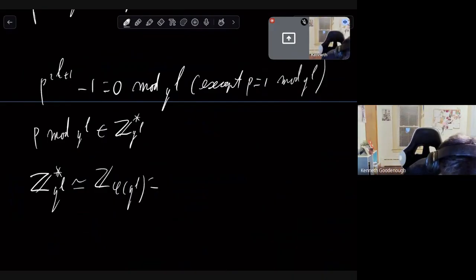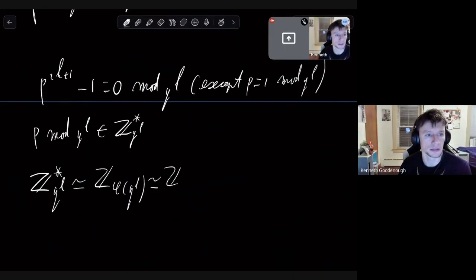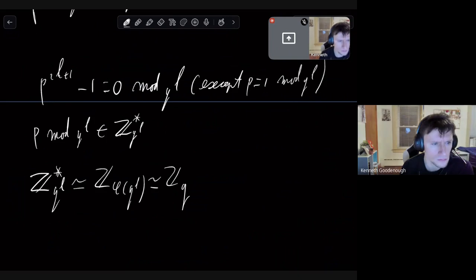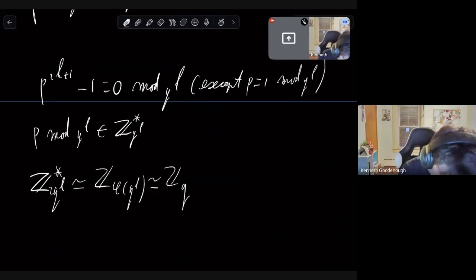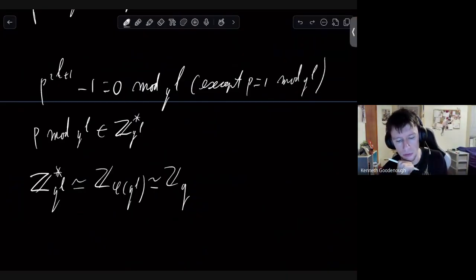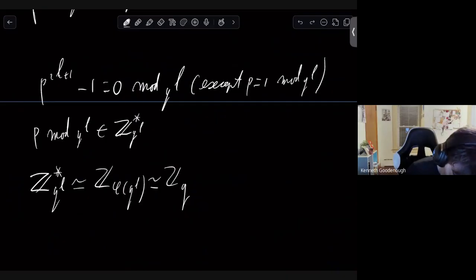This is for q a prime power. So we could be a little bit more general and consider here 2 times q to the power L, but that might be useful to tighten some lower bounds, but let's not use that for now.